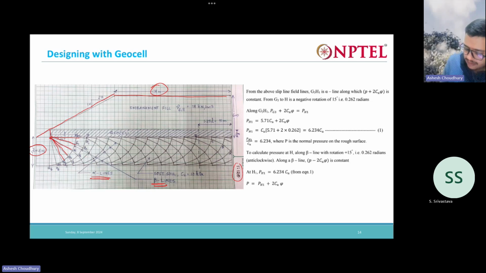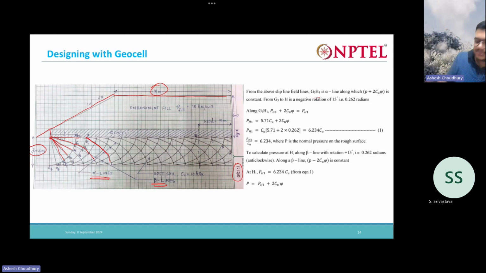From the above slip line field, G3H1 is an alpha line along which p plus 2θCu is constant. So what are the alpha lines? These are the alpha lines. Along these alpha lines, p, the pressure, plus 2θCu is constant, where this angle is the rotation angle.